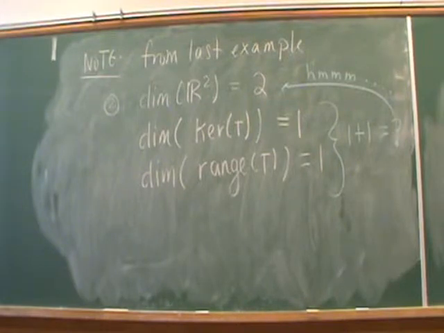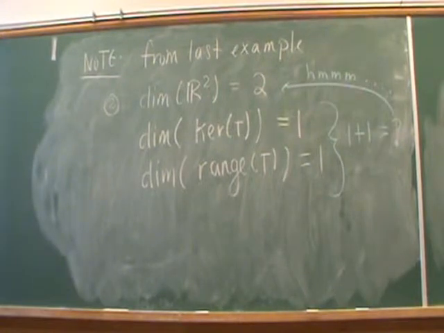I have a second note from that last example that we did about that projection operator. Notice that the dimension of R2 is equal to 2. We know that already. But let's think about the dimension of the kernel and the range. We can talk about the dimension of these sets because now we know from Theorem 3 that they are indeed subspaces.